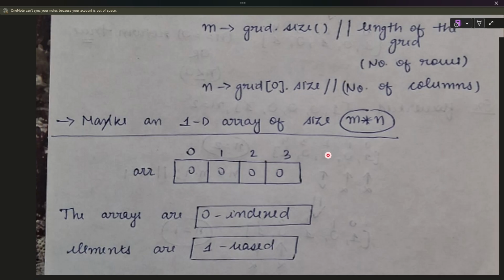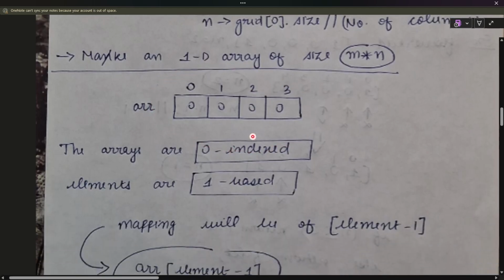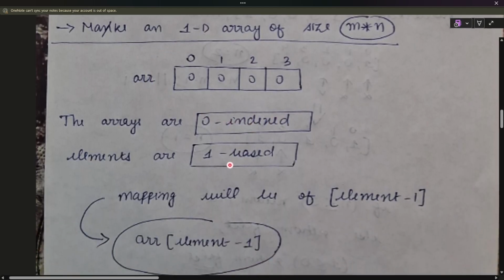If an element occurs 0 times, it is missing, and if an element occurs more than 1 time, it is the repeating number. That's what we are doing: we calculate an array which shows the count, how many times each element has occurred.